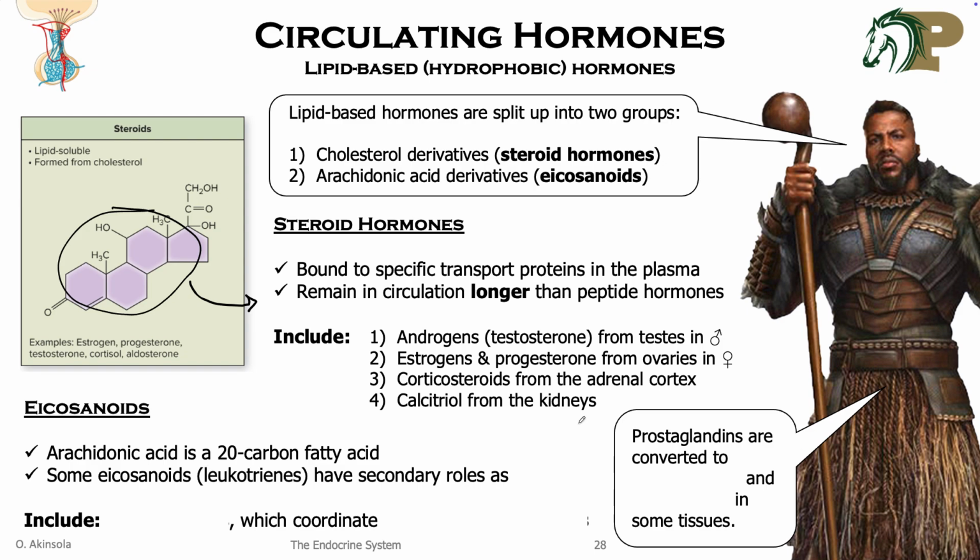Some eicosanoids or leukotrienes will have secondary roles as hormones. These will include prostaglandins, which will coordinate local cellular activities. Prostaglandins are converted to thromboxanes and prostacyclins in some tissues. So for our lipid-based or hydrophobic hormones, we have two classes: steroid hormones and eicosanoids.